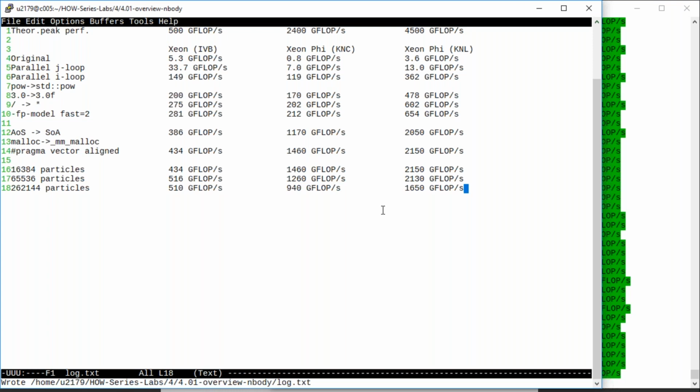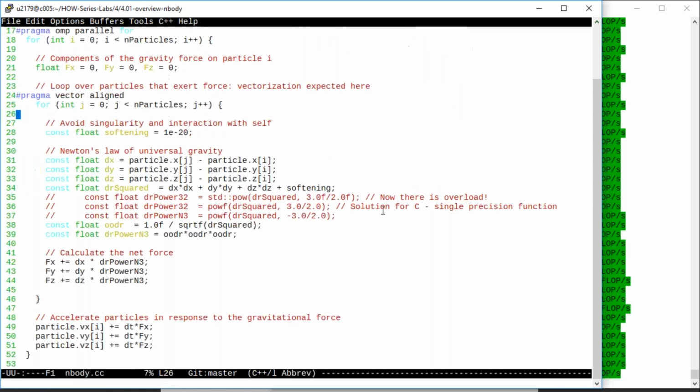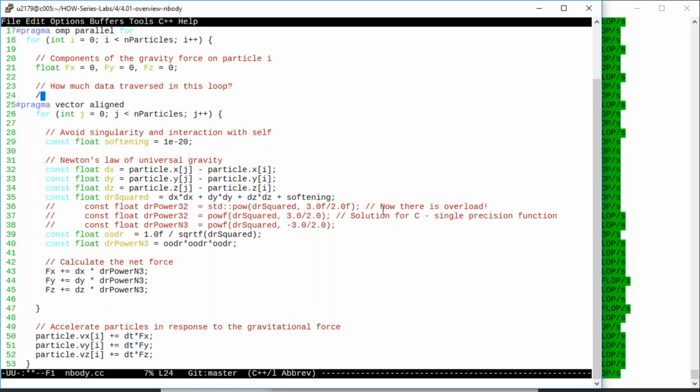Why is performance going down with increasing problem size? The answer is once again in the innermost loop in the calculation. How much data do we traverse in this loop? We have 250,000 particles.